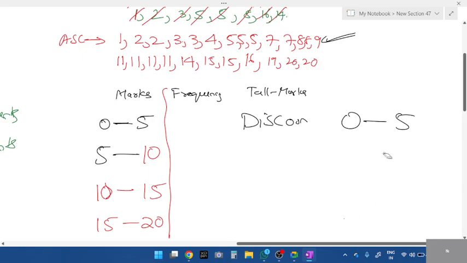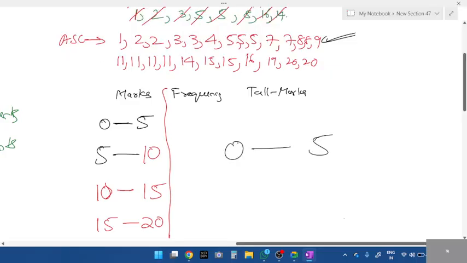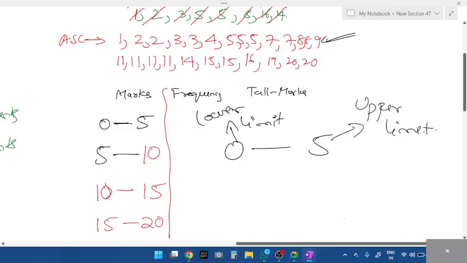Okay. When it comes to continuous, students, look, we have taken 0 and 5. This 0 is known as the lower limit, and 5 is the upper limit. Take 5 and 10. Which is the lower limit? 5.